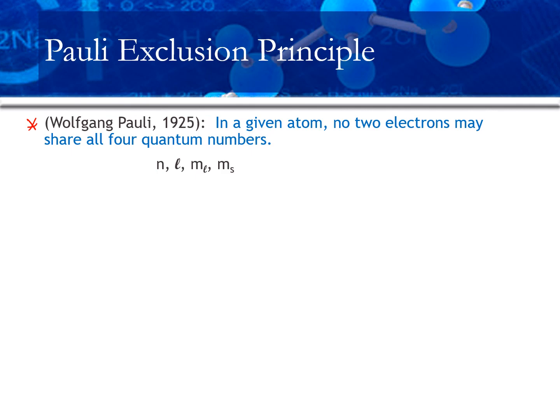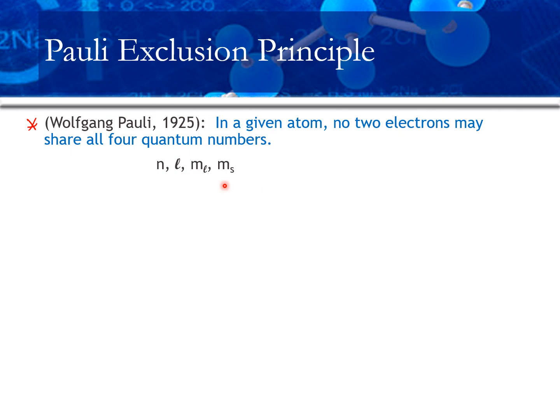In a given atom, no two electrons may share all four quantum numbers. So, for example, if they have the same value of the principal quantum number and the same L and the same m sub L, remember these three define an orbital. So if they have the same values here, we say that the electrons are in the same orbital.